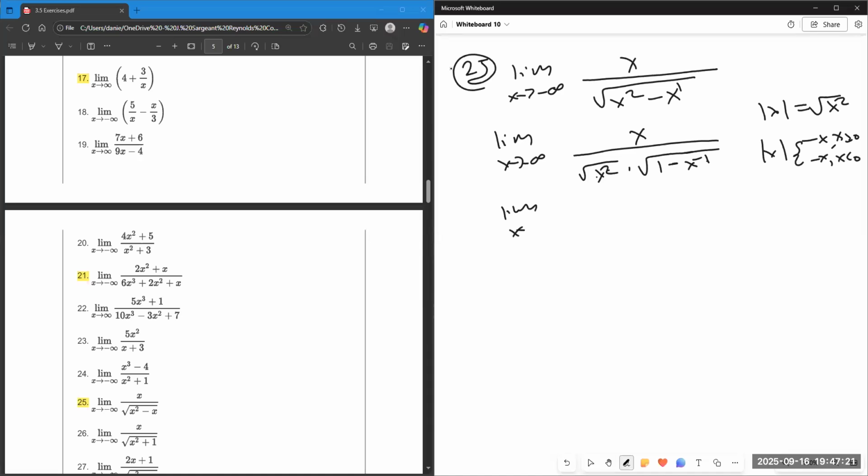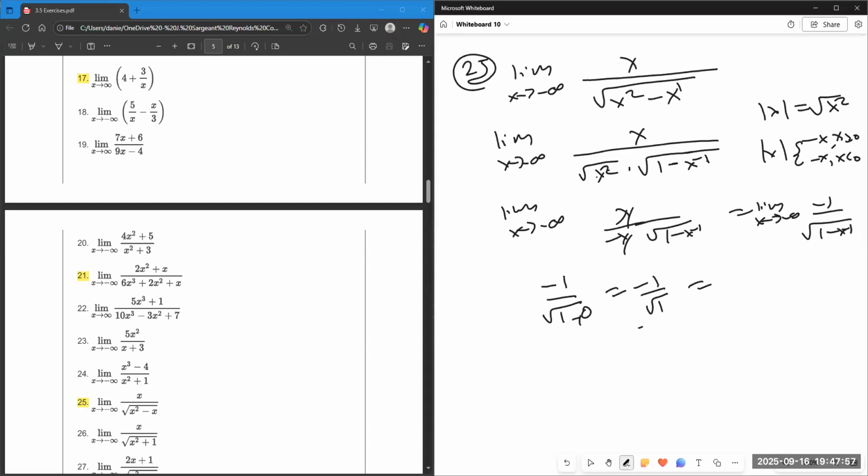So limit as x goes to negative infinity, I'm on the left-hand side here, is x over negative x root 1 minus x to the negative first, which is the limit as x goes to negative infinity of negative 1 over root 1 minus x to the negative first, negative 1 over root 1 minus 0, which is really 1 plus 0 because it's minus a negative number, is negative 1 over root 1, which is negative 1 over 1, which is negative 1. That was number 25.